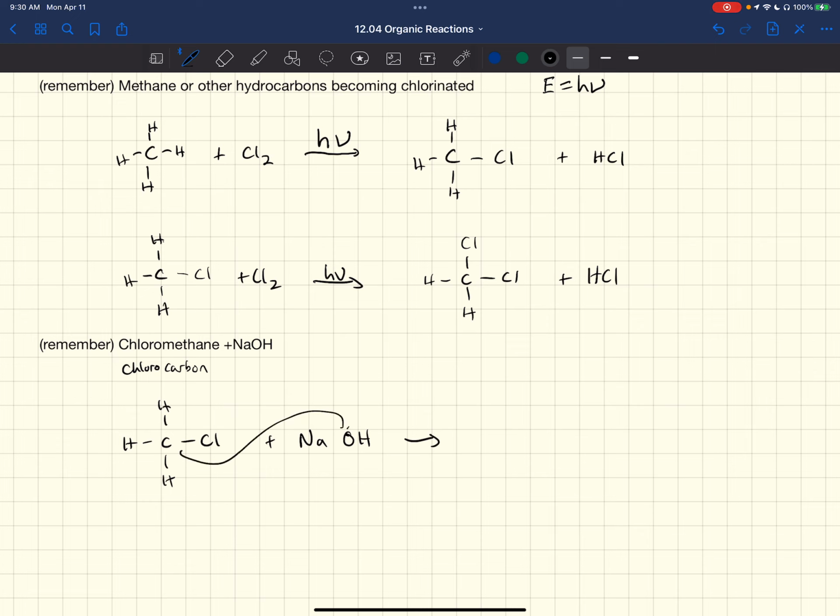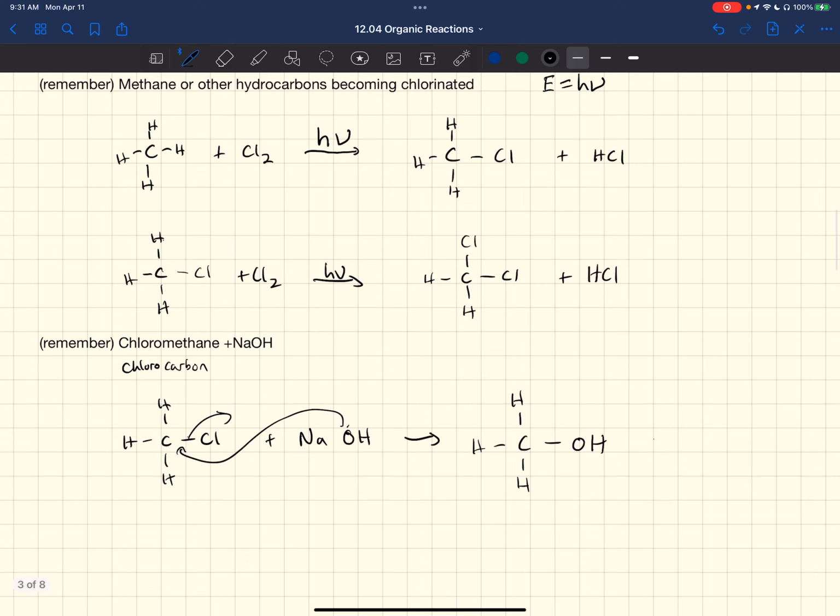I don't care too much about the mechanism, but those electrons can go in and that chlorine comes off. So what we get is something like that.